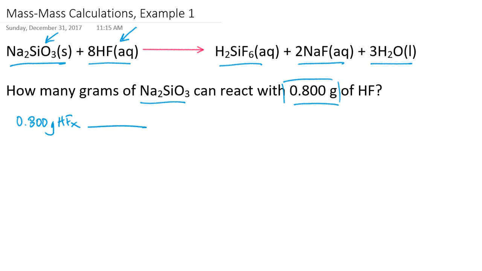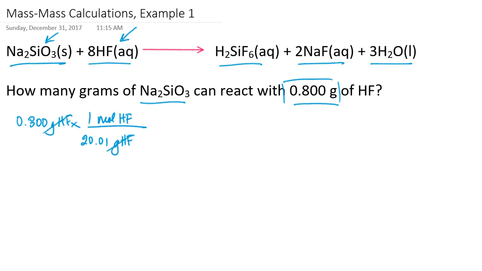So the very first thing that I should do is take this number of grams of the hydrofluoric acid and convert it to moles of hydrofluoric acid. So I need the grams per mole, or the molar mass, of hydrofluoric acid. I'll leave it to you to verify, but basically that would be 20.01 grams of hydrofluoric acid per 1 mole.